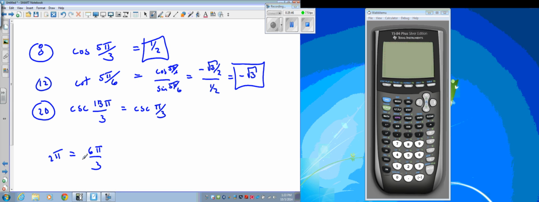So the cosecant is actually what? 1 over sine. And the sine at pi over 3 is what? Square root of 3 over 2. Is that right? You can look back in your book and see it. So that's 2 over square root of 3.